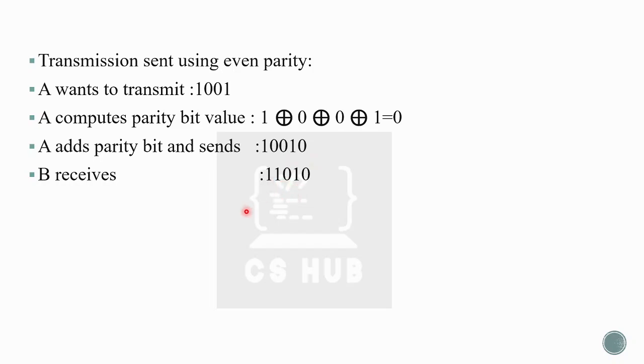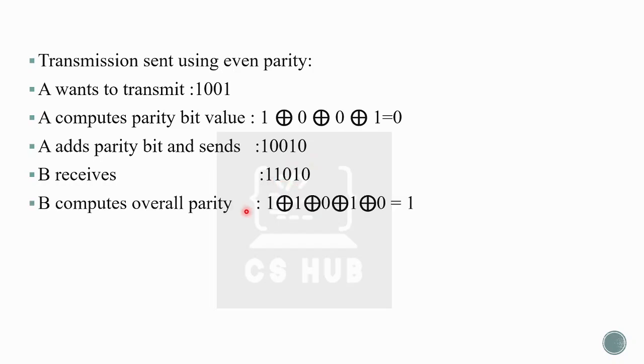Okay, some error happened. Then what B performs is to compute the overall parity. B computes the parity 1 XOR 1 XOR 0 XOR 1 XOR 0, and we get 1 XOR 1 is 0, then 0 XOR 0 is 0, then 0 XOR 1 is 1, and then 1 XOR 0 is again a 1.